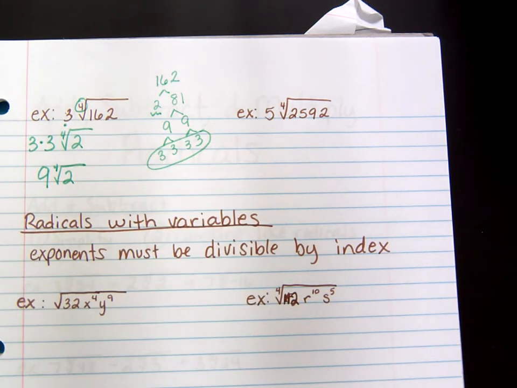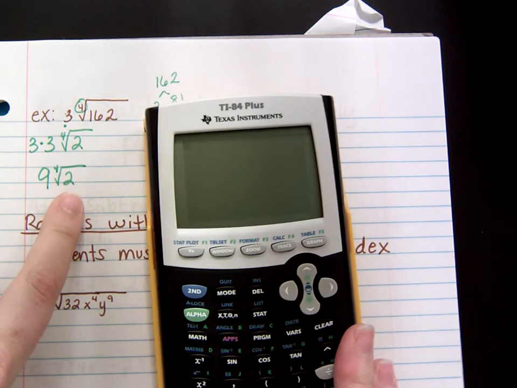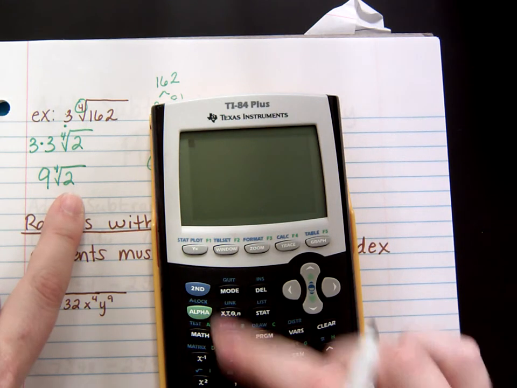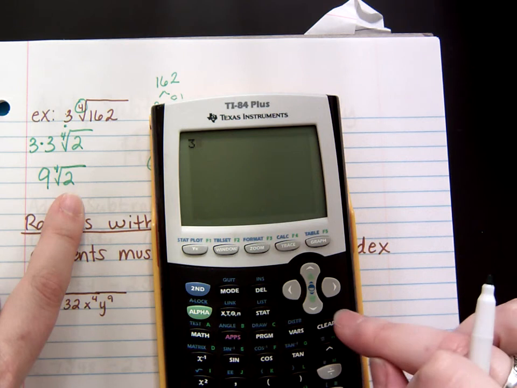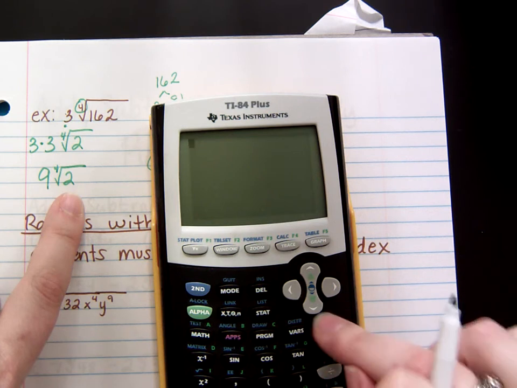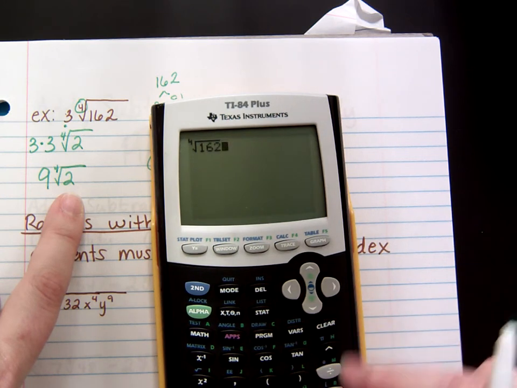Now let's say you're doing these and you aren't quite sure if you did it correctly. You can always check this. So let's take this one as an example. Let's say I wanted to check my answer. Actually, let's do it this way. 4th root of 162 times 3.